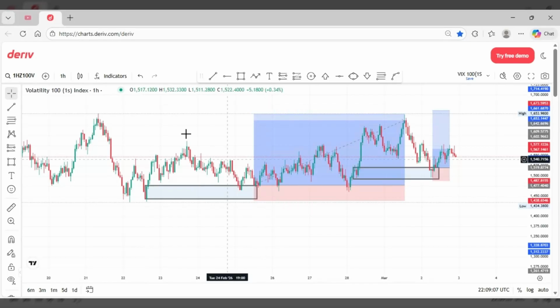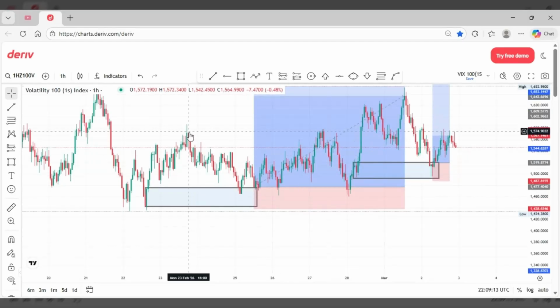And the market came down here. When I analyzed the trade the first time, the market was around this zone. Later it went up again. No panic. I was still waiting for the market to come to my area of interest.